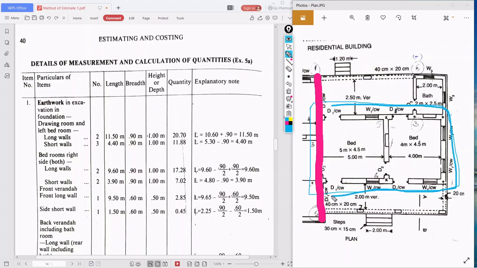So that's why, see here, how many long walls are there? One long wall, two long walls. So write the heading as the two bedrooms, right side both. Write the subheading as long walls. How many long walls? Two long walls. What is the length of the long wall? Center to center length, that is what we got, 9.60.